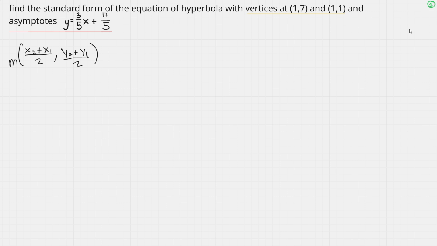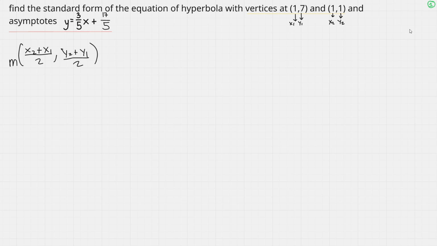This is the formula for our midpoint. What will be our x sub 2, x sub 1, y sub 2, and y sub 1? This will be our x sub 1. This will be our y sub 1. This will be our x sub 2. This will be our y sub 2.